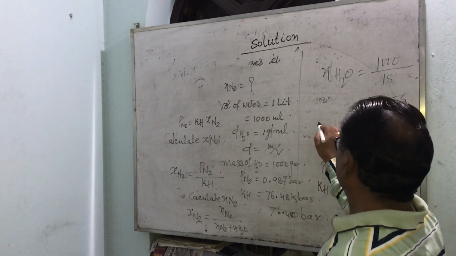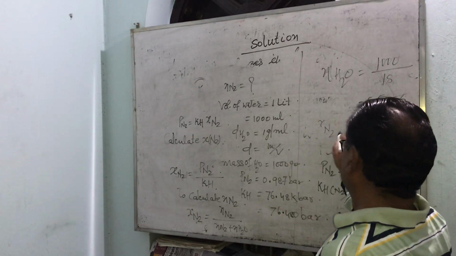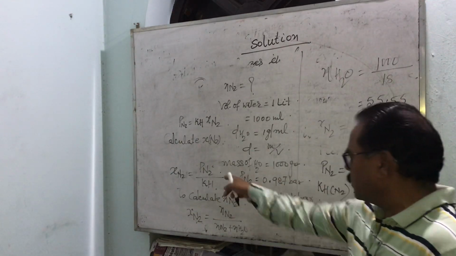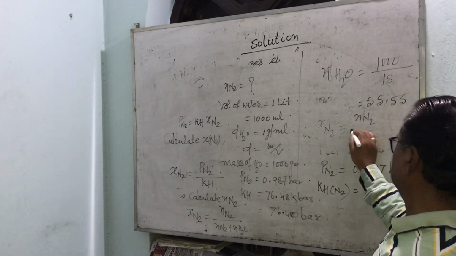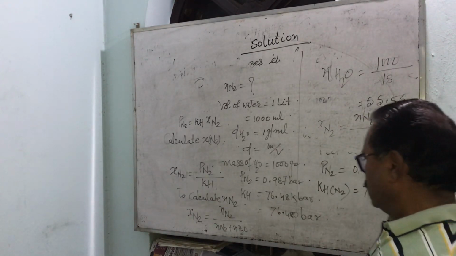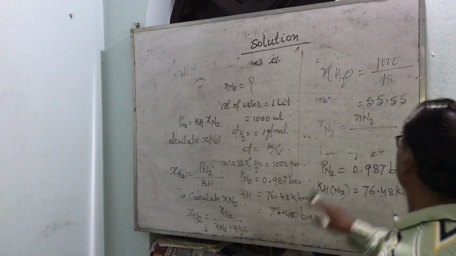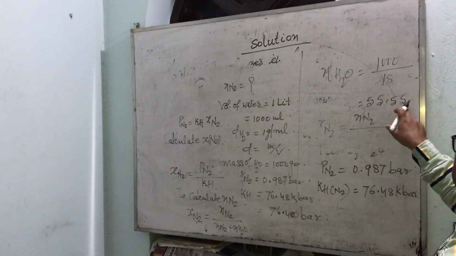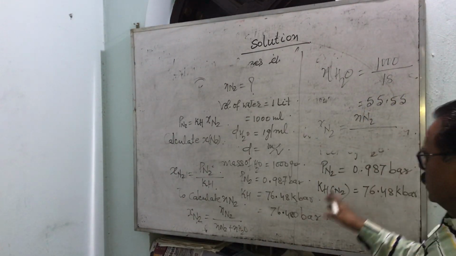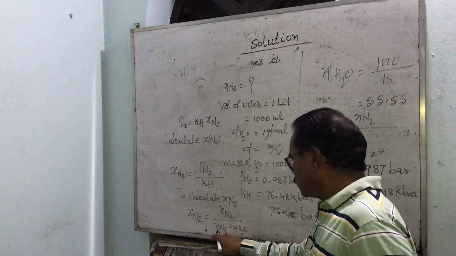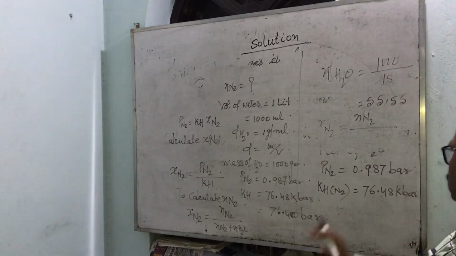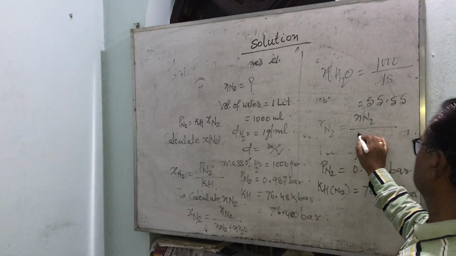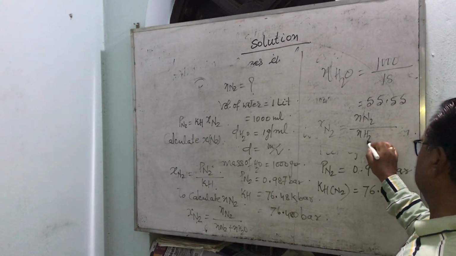Now we put in the formula for XN2, putting in the values. NH2O comes to be 55.55. The term NN2 in the denominator can be neglected, assuming this value is very small, so we simply put NH2O.